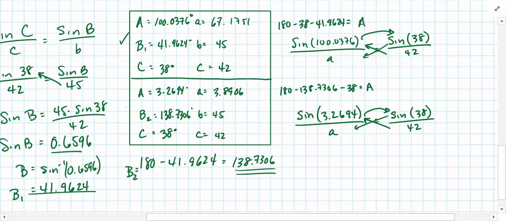These are two unique triangle solutions that met the original criteria. Angle measure C equal to 38 degrees, side length C equal to 42, and side length B equal to 45. Those three data points were required, yet they still produced two different angles, two different triangles.